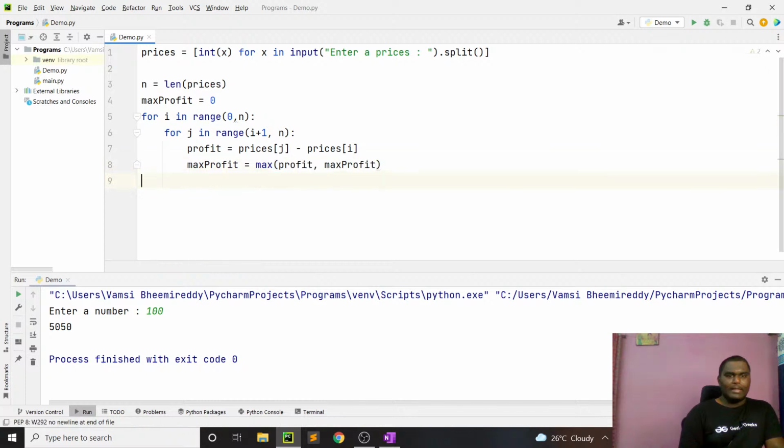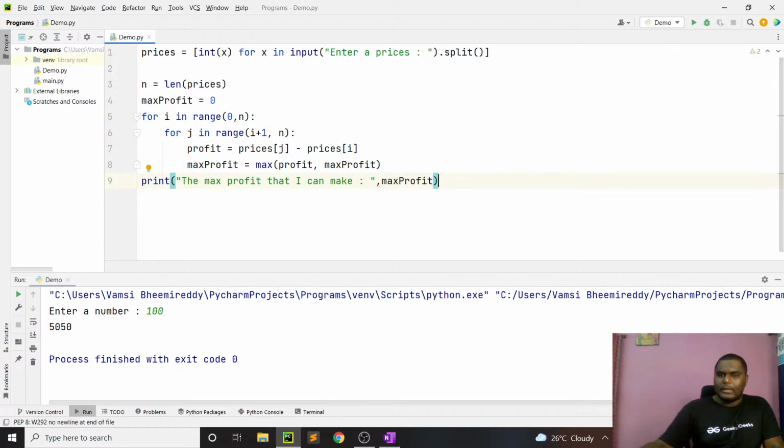So at the end, the max profit that I can make is equal to max profit. Done. Let's execute this piece of code.